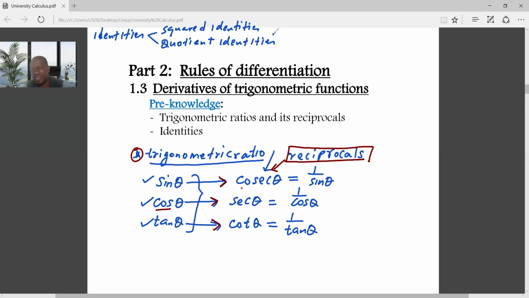In the context of the squared identities, the one you focused on more is sine squared of an angle plus cos squared of an angle equals 1. It is an expression that has been proven to be true: sine squared theta plus cos squared theta equals 1. That is called a squared identity.